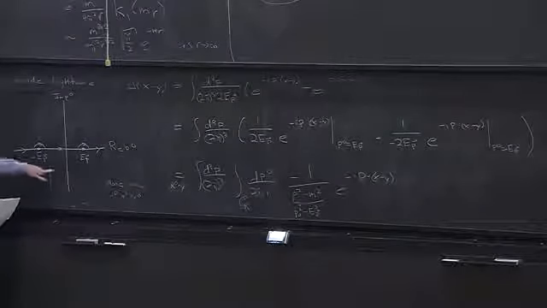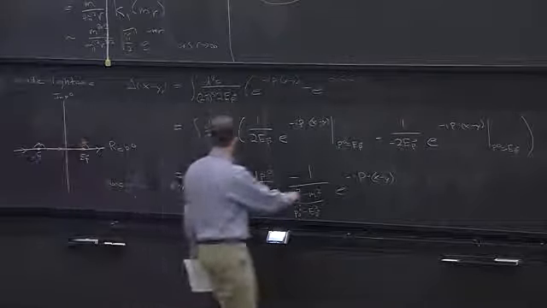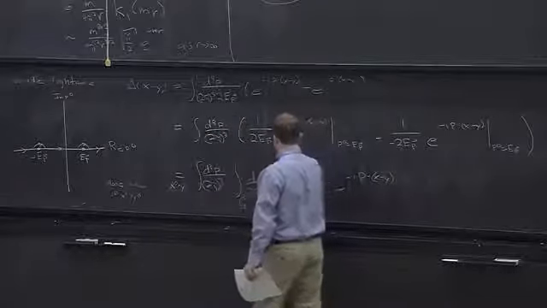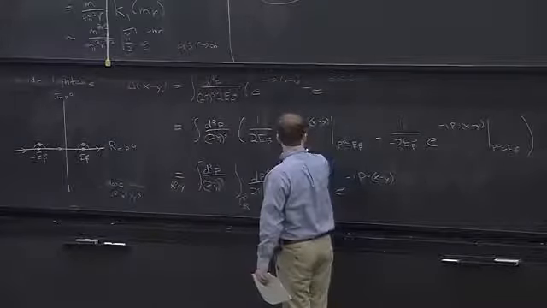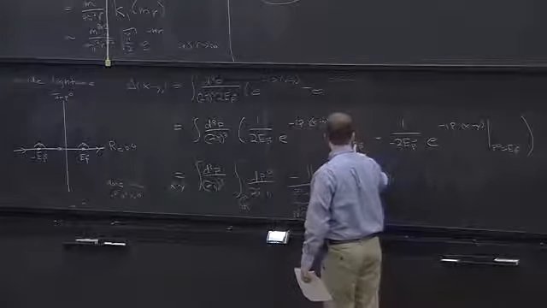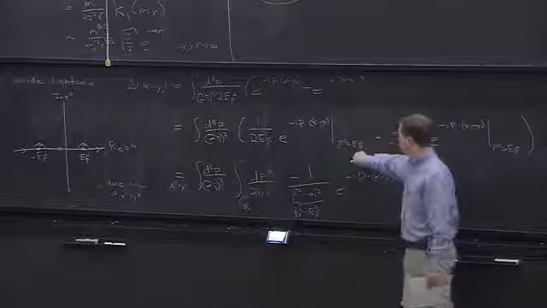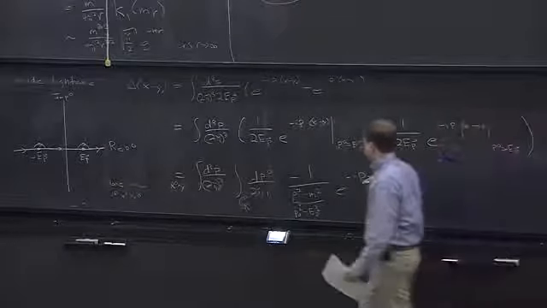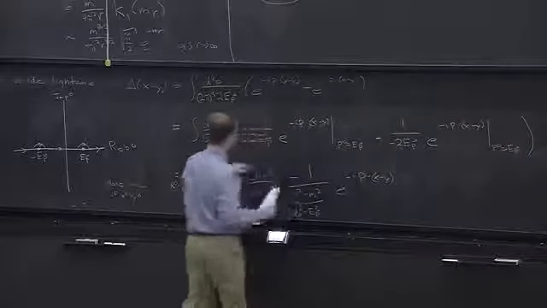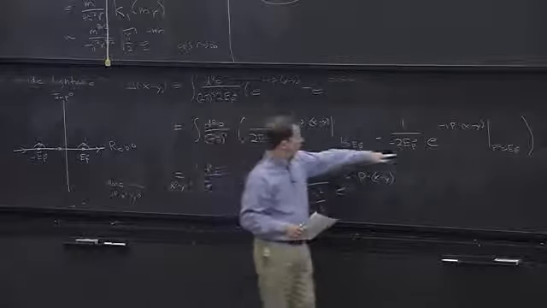Then we enclose the two poles at E_p and minus E_p, and that's where the second line comes from. If we do the contour integration, we get two contributions, one from the pole at E_p, and one from the pole at minus E_p. These are just the residues here and here.